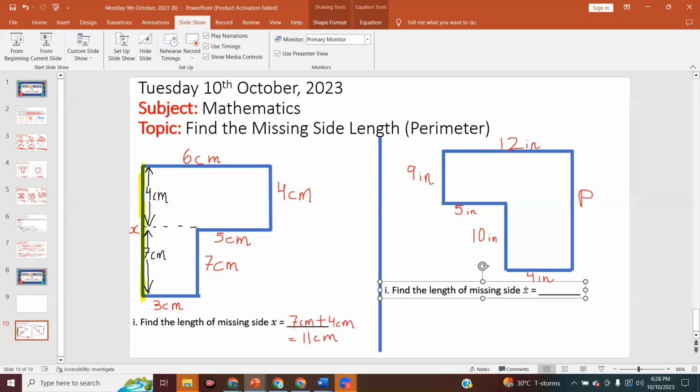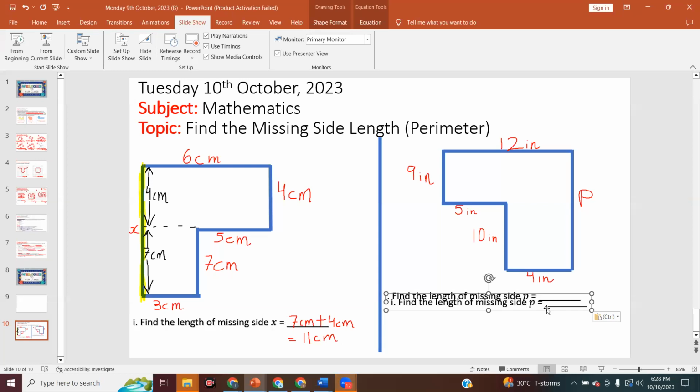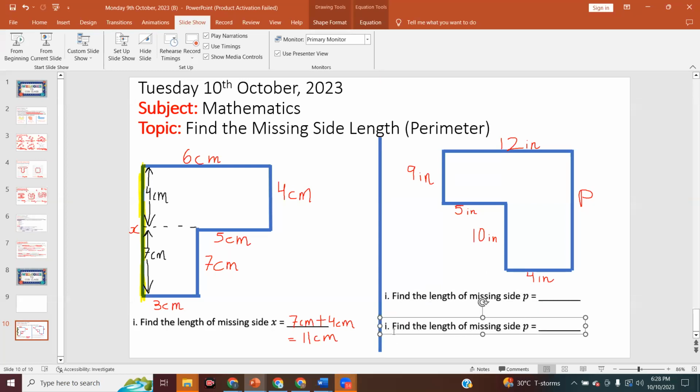Put your answer inside the chart for me, please. All right, let me see what y'all have. Again, find the value of the missing side P.